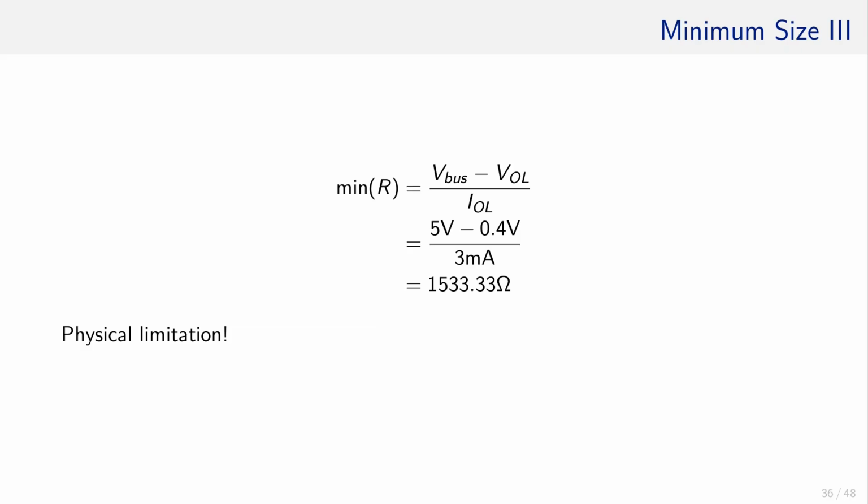Since the bus runs at the standard Arduino voltage of 5 volt, plugging in these values gives us the lower threshold of the resistor at around 1.5 kilo ohm. Do note that this is a physical limit of the pin and it is independent of the bus characteristics. The only value that can change the 1.5 kilo ohm is V-bus.